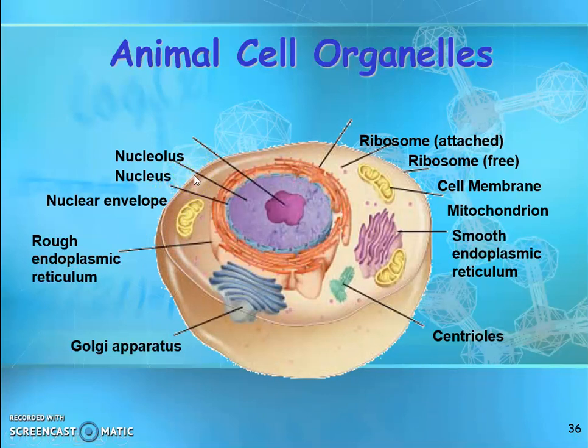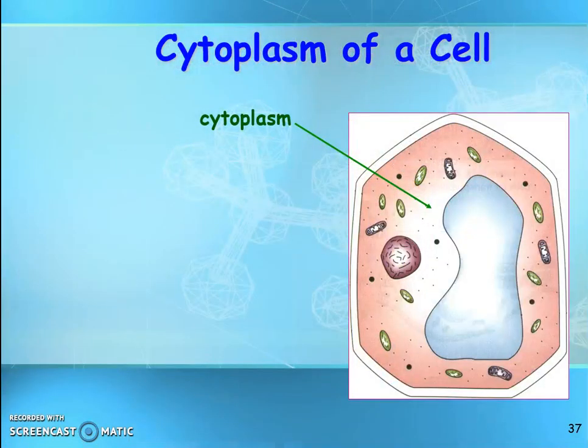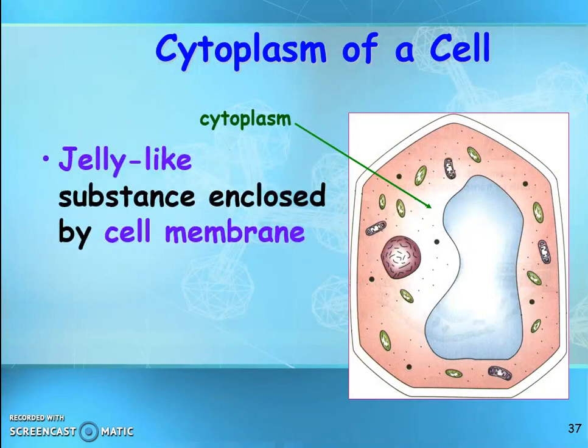So let's start with the outermost part of the cell, which is the cell membrane. The cell membrane is a kind of guard which allows substances to enter and exit the cell, and it also gives shape to the cell. Inside the cell is the cytoplasm.